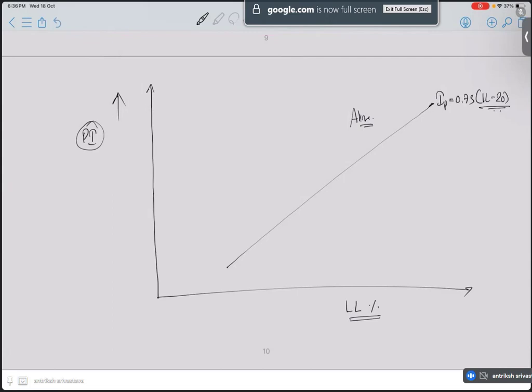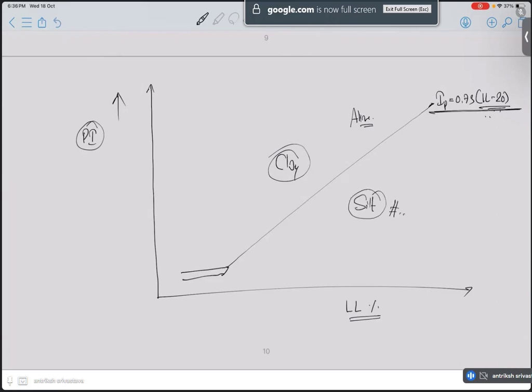So you calculate your plasticity index from this formula, and if your soil's point is lying above this A line, then we call it clay, and if the point is lying below this line, we call it silt, right?